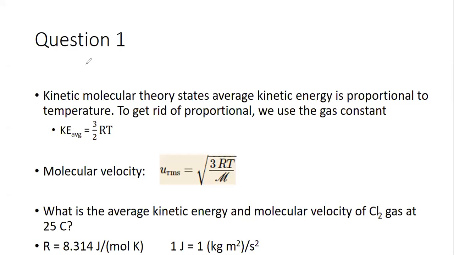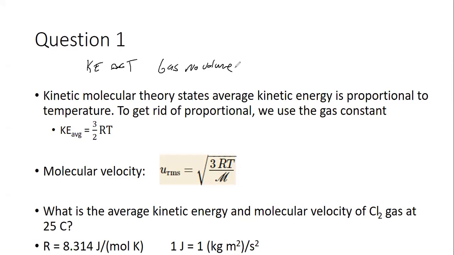So the three principles are: kinetic energy and temperature are proportional. Oops, that's a bad proportionality sign. That's where we ended off on Friday, solving for kinetic energy and molecular velocity. Our other principles of this theory are that gases have no volume. They don't really take up space.